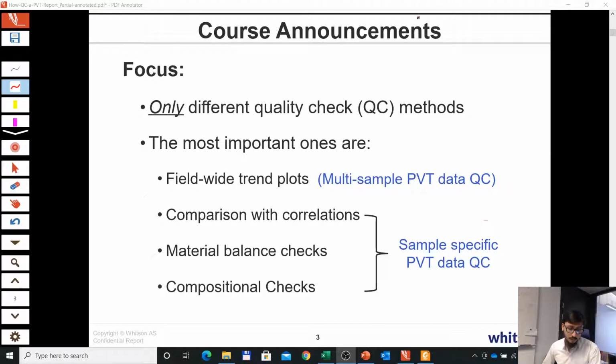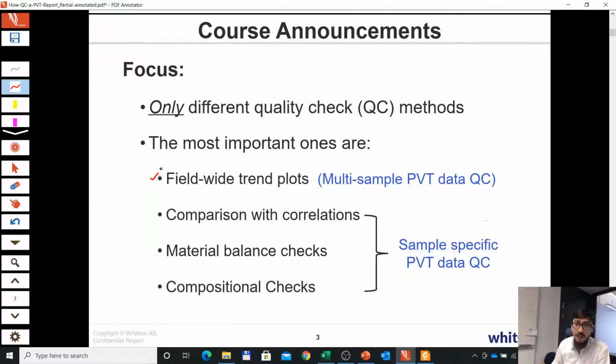He also introduced you to the different types of QC that we will go through in this course. One is the field-wide trend plots, and Matthias went through in detail what the different plots are that you can make.